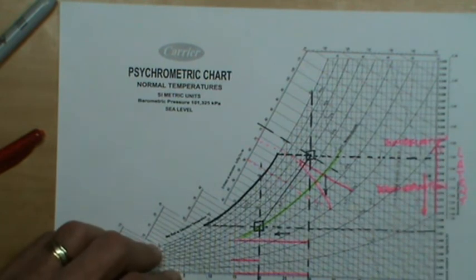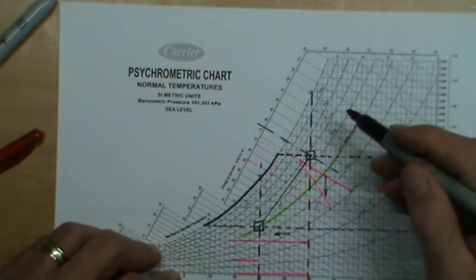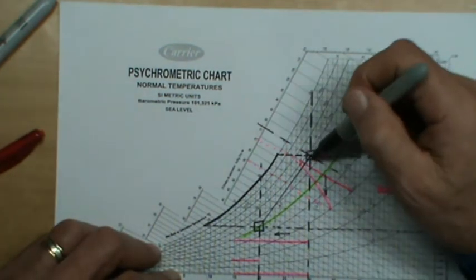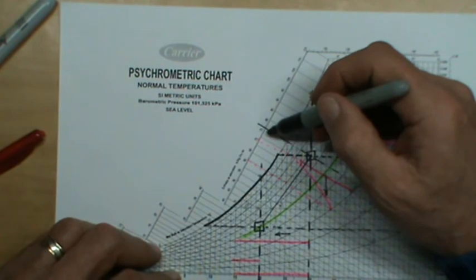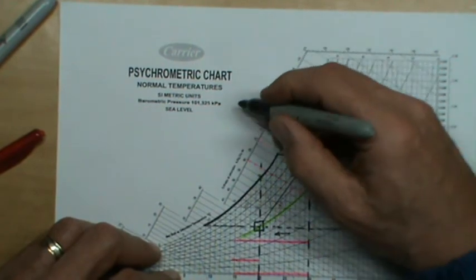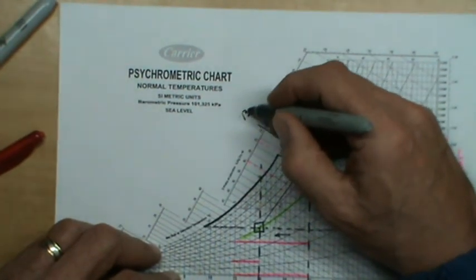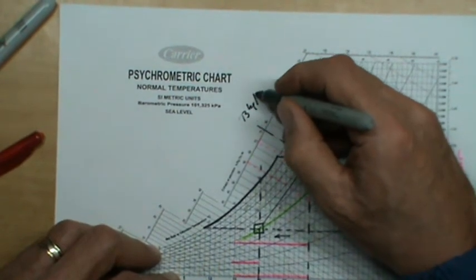Now, to effect that, we have a look at this and we say, right, that point over there is about 71, 72, 73 kilojoules per kilogram.